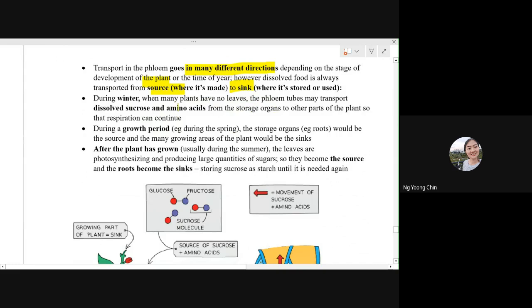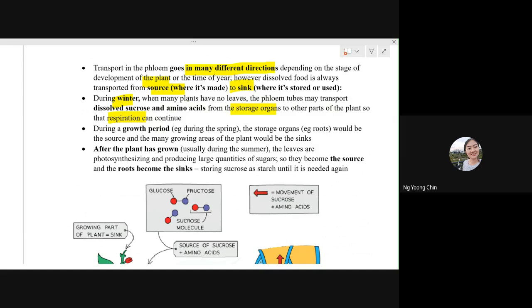During the winter, a lot of plants don't have leaves, so they will use nutrients from the storage organs to other parts of the plant to continue carrying out respiration. During the winter they lack sunlight, so the plant will not do photosynthesis because they don't have sunlight at all.